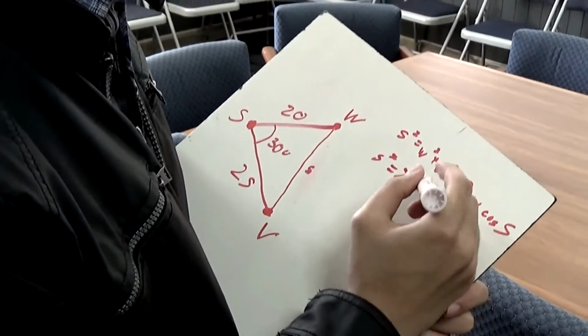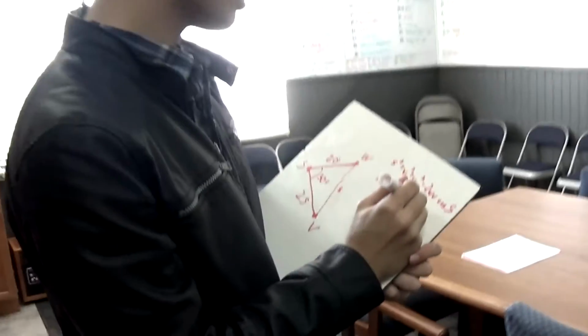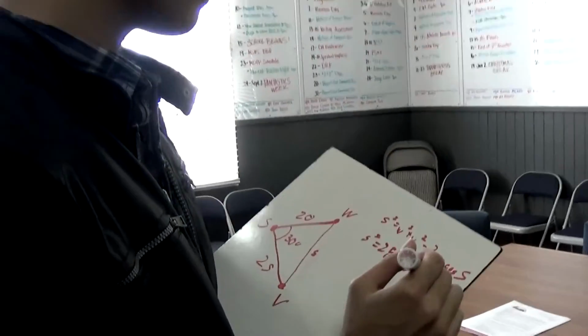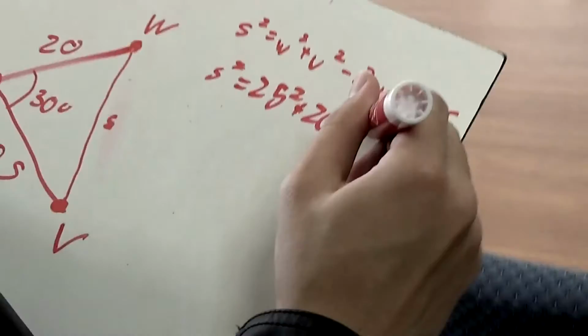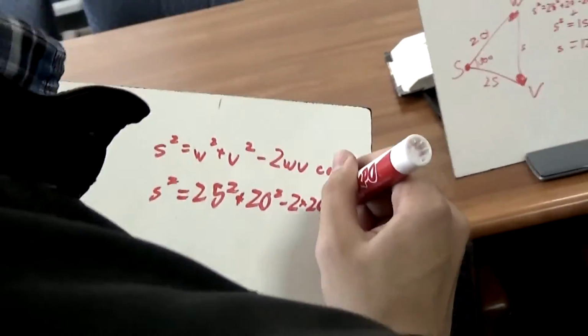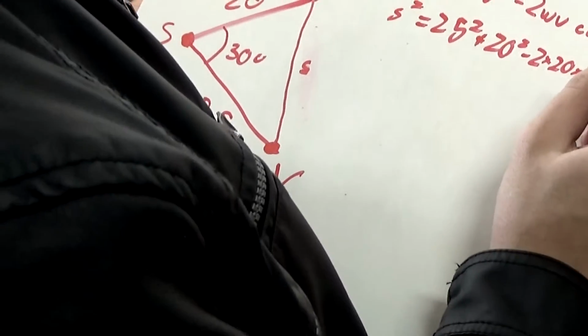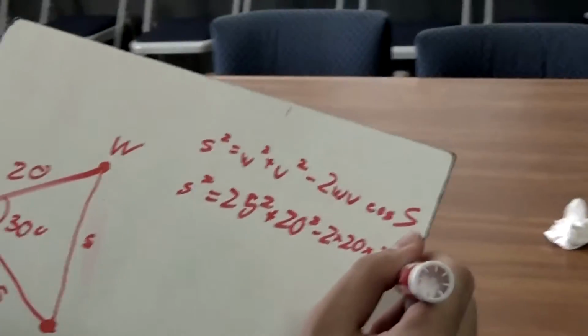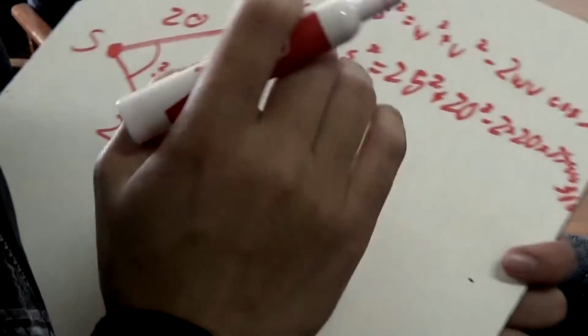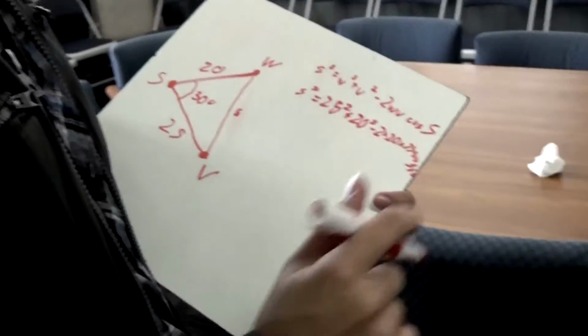S squared equals 25 squared plus 20 squared minus 2 times 20 times 25 times cosine 30 degrees from there. And this is the other law of cosines equation we were using.